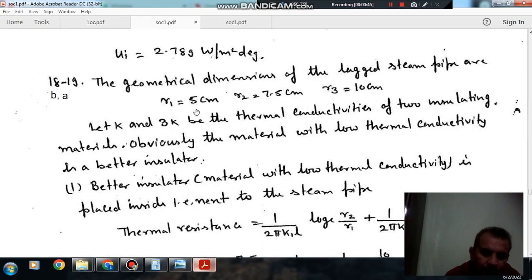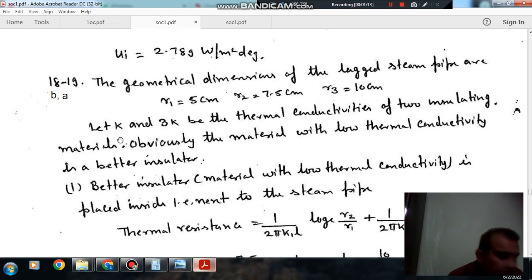So here the geometrical dimensions of the steam pipe are R1 is 5 centimeter, and the thickness of insulation is given as 2.5, so R2 will be 7.5 centimeter. There are two insulations, so the outermost radius will be 7.5 plus 2.5, that is 10 centimeter.